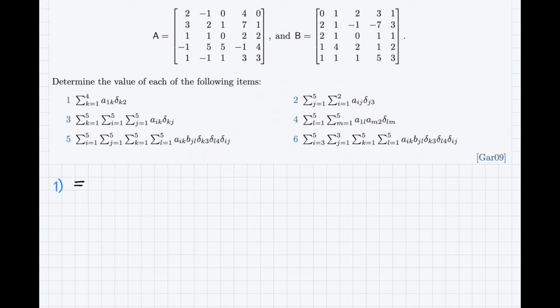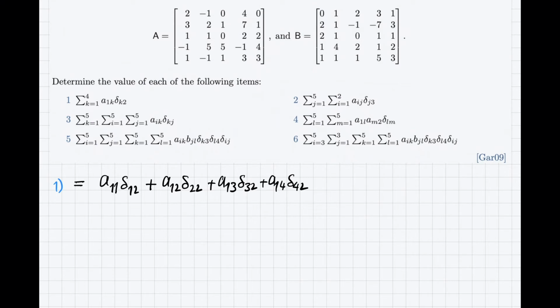I can expand this sum and write 1 for k, so it becomes A11 delta 12, and then I replace k with 2, the next number, so it becomes A12 delta 22, and then the next one would be A13 delta 32, and finally A14 delta 42.